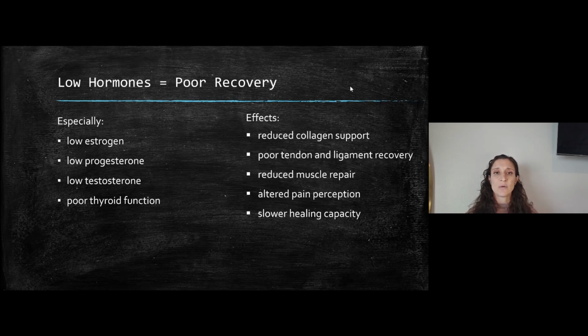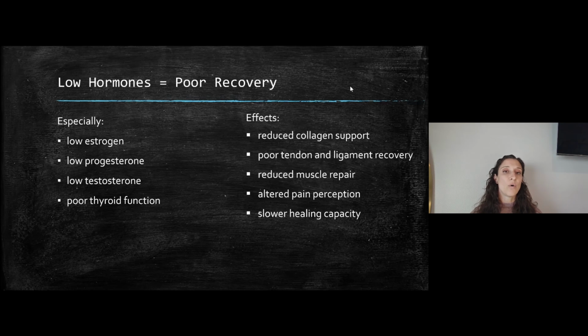The final straw was, let's test your testosterone. We tested his testosterone, and it was extremely low. And we had a conversation with him and said, okay, so there's the anatomical piece of this, there's the exercise piece of this, but there's also the chemistry, the physiological piece of this.